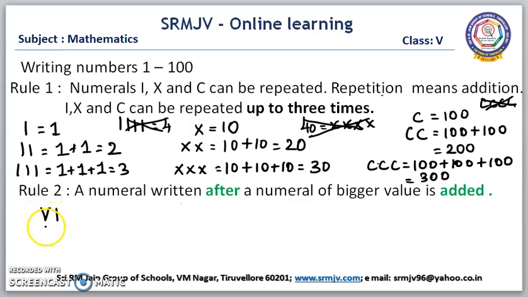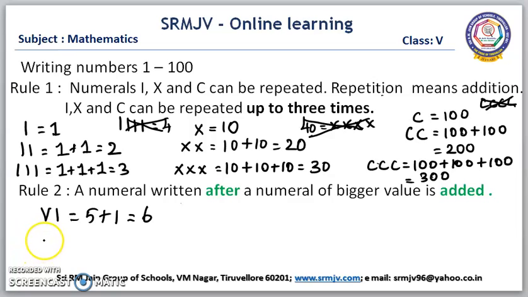Comparing these two, 5 is a greater value. The value of I is smaller, isn't it? So, we have to add 1 to 5. So, 5 plus 1 is equal to 6. The value of the Roman number is 6.